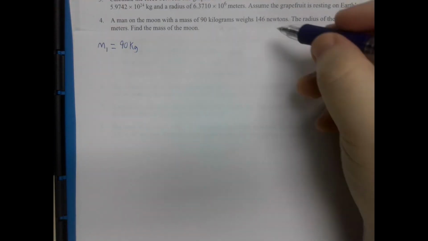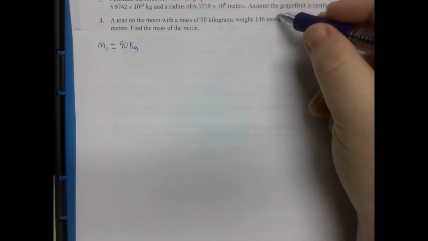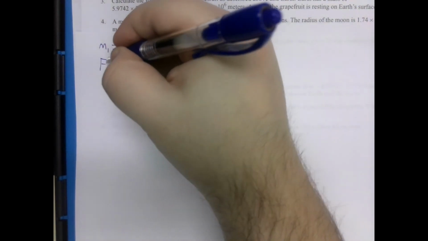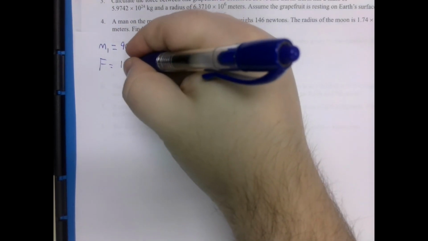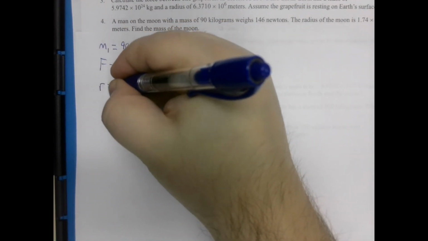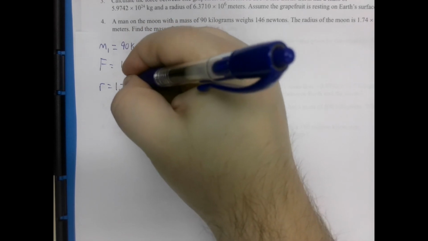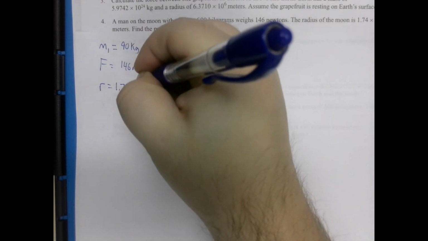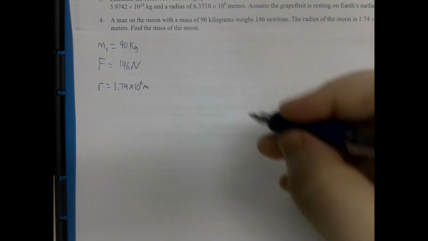So M1 equals 90 kilograms. The force due to gravity, F, is 146 newtons. And we have the radius is equal to 1.74 times 10 to the 6 meters. And it asks you to find the mass of the moon.